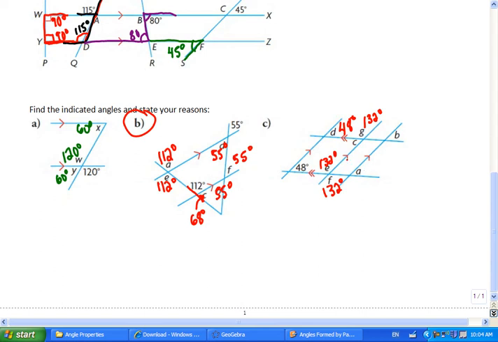So A is what, sorry? A is 48? Okay, how did you know it was 48? Because 48's correct. How come?